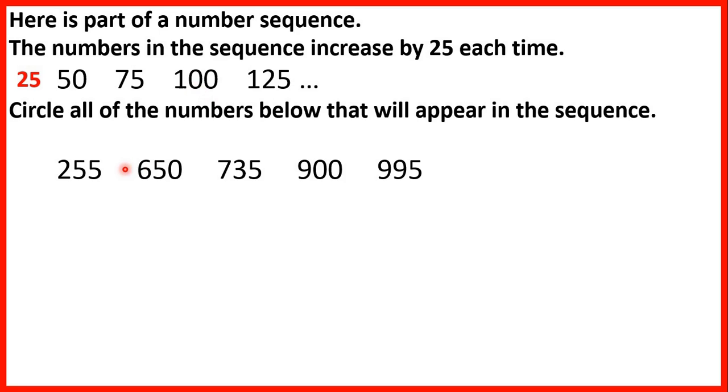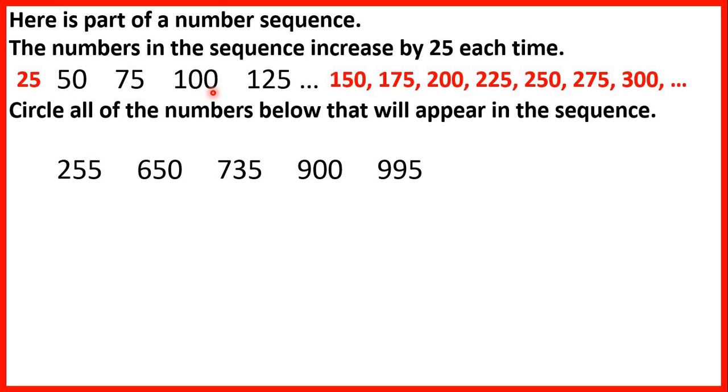And multiples of 25 are easy to spot because the last 2 digits of the number will either be 25, 50, 75 or 00. If we continue counting in steps of 25, you can see we have 25, 50, 75, 00, and again 25, 50, 75 or 00.